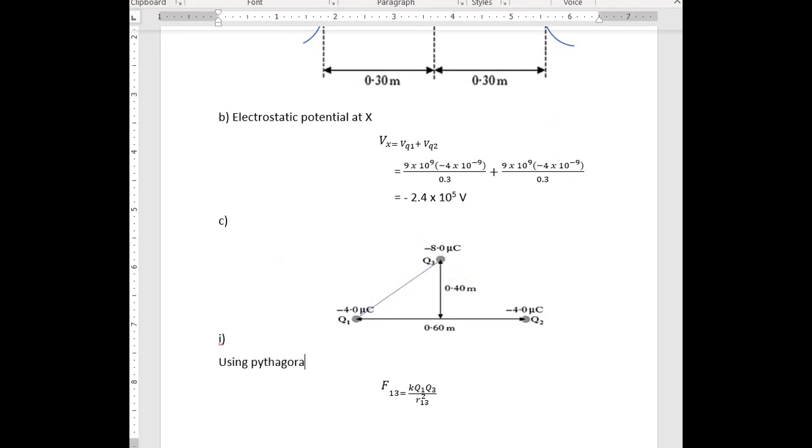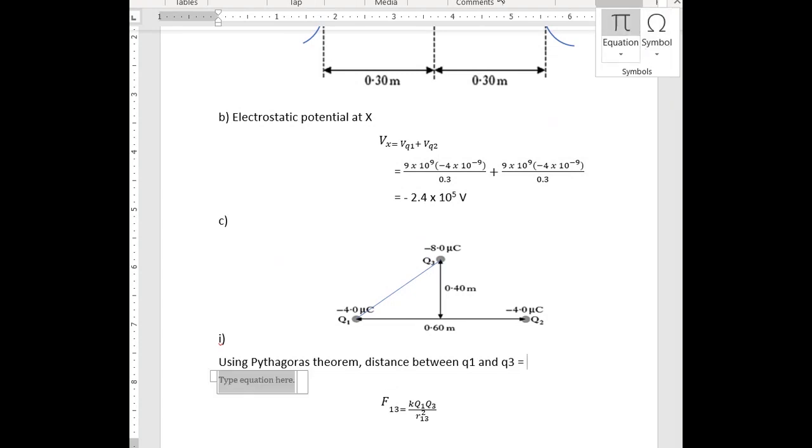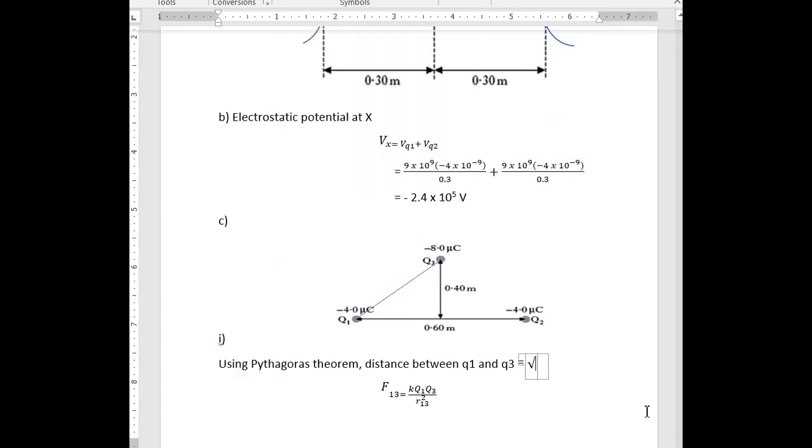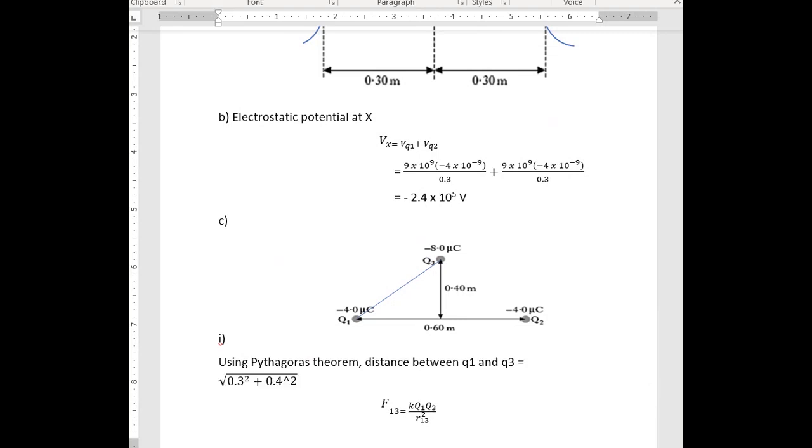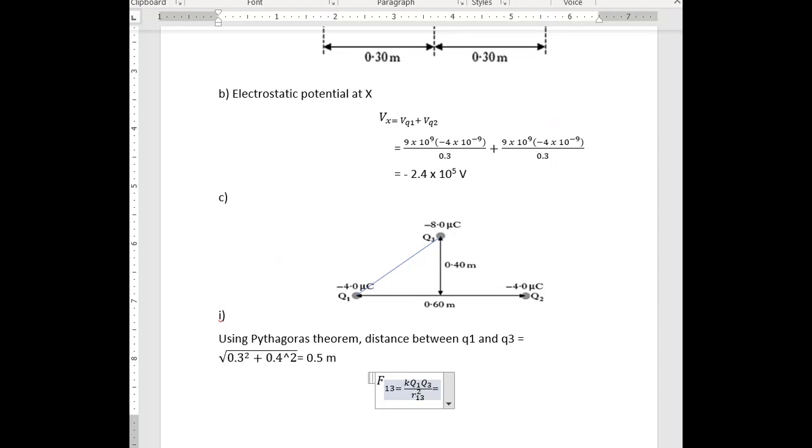Using Pythagoras theorem, distance between Q1 and Q3 equals the square root of 0.3 squared plus 0.4 squared, equal 0.5 meter. So here we continue.